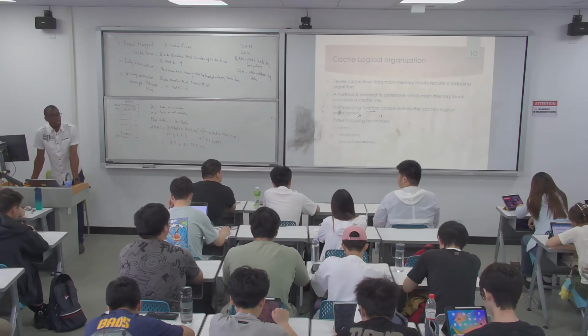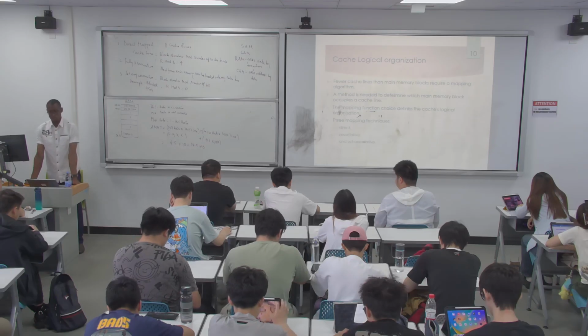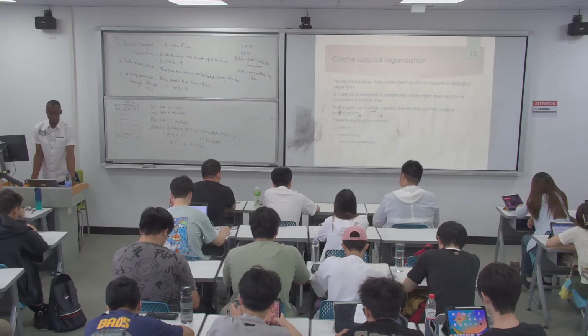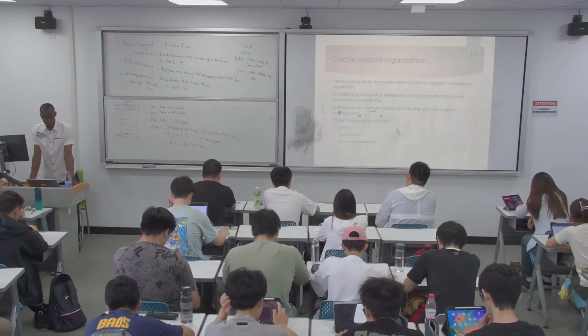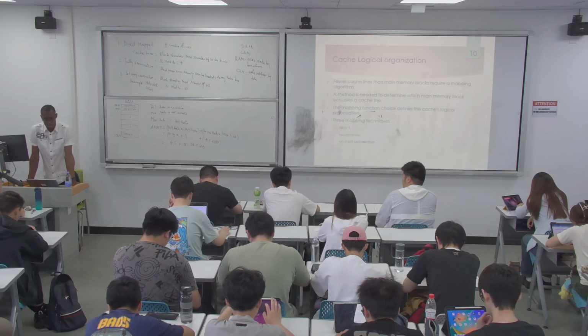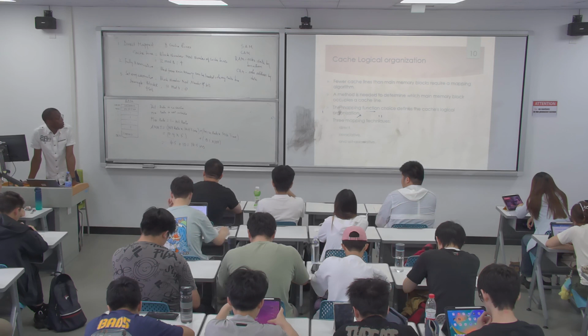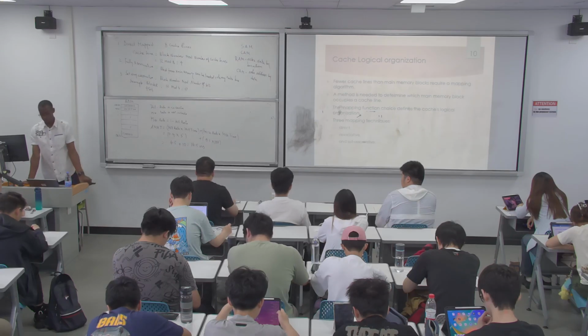So we need some cache mapping techniques, a method which is used to determine which main memory block can occupy which cache line. So we have the mapping techniques which decide the cache line organization. We have talked about the three different cache mappings, including direct, associative, and set associative.